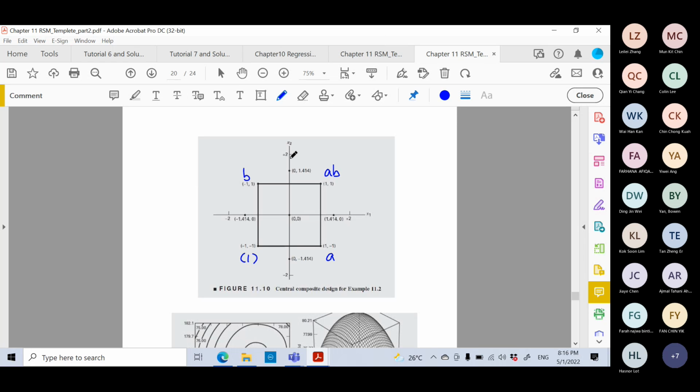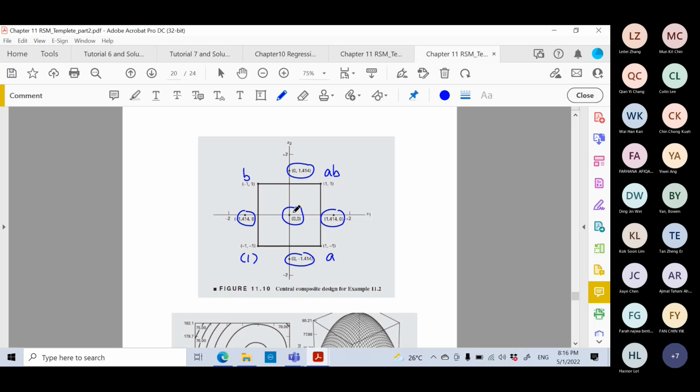Then you also run here 1, 2, 3, 4. This means in this experiment, how many runs do you need? You have a single replicate. You have 1, 2, 3, 4, and then you have another 4 runs. Altogether 8 experiments you need to run. In the center point, you also need to run.